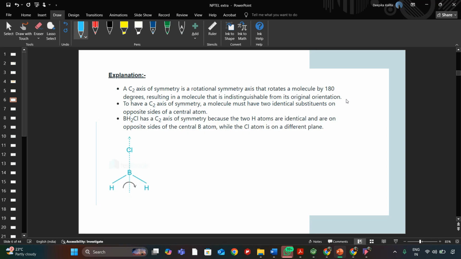For instance, the molecule BH2Cl, if we draw, would look like this. And along the B-Cl bond, boron chlorine bond, there will be a C2 axis of symmetry, which is going to divide the molecule into two equal halves.